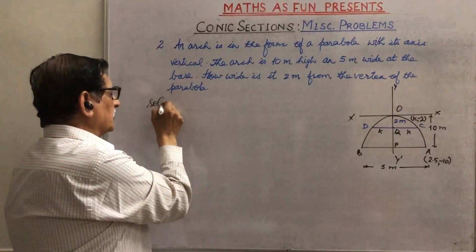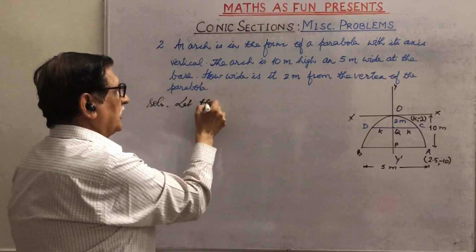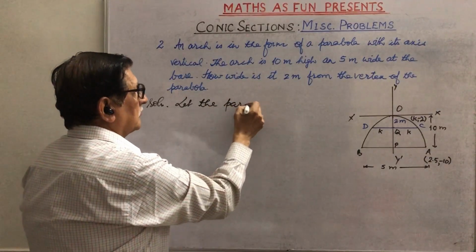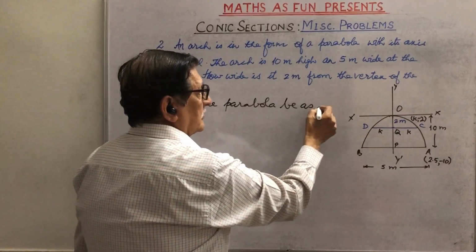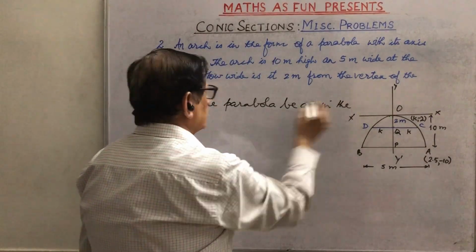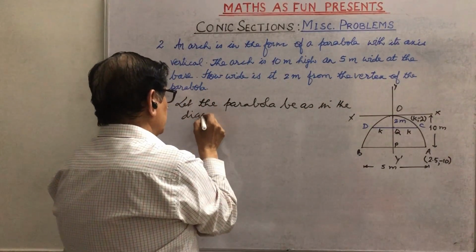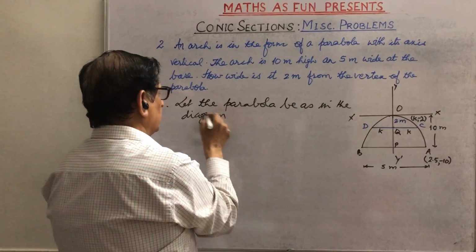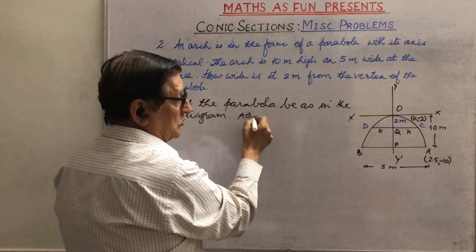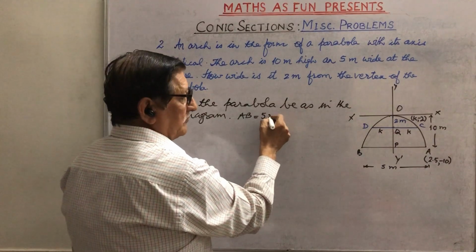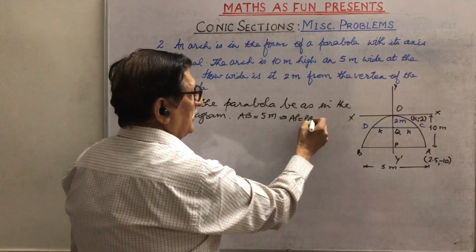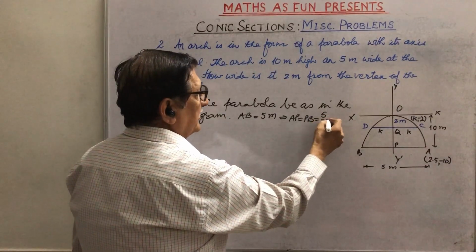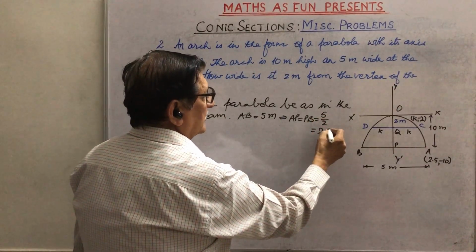For the solution, let the parabola be as in the diagram. AB is equal to 5 meter. This implies that AP equal to PB is equal to 5 by 2, or we can say 2.5 meter.